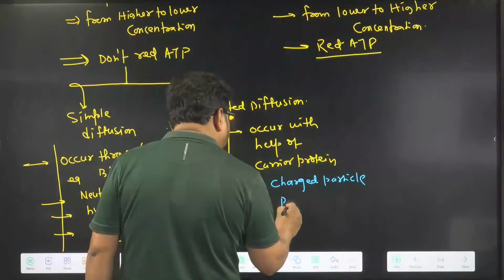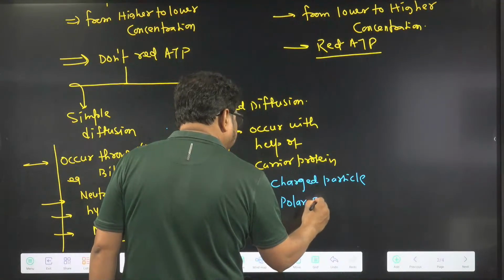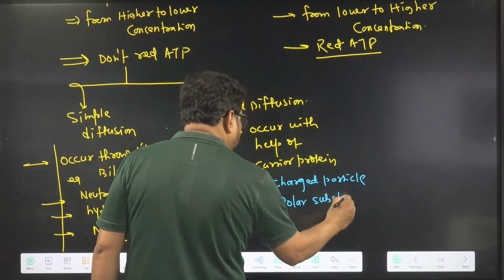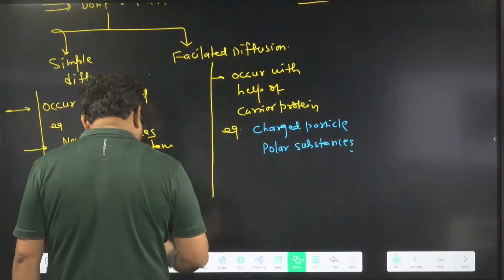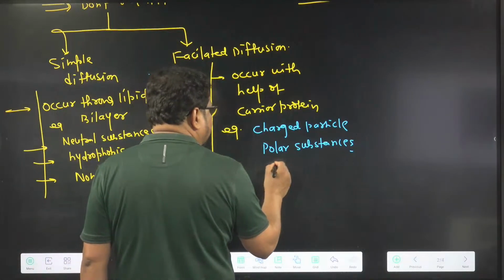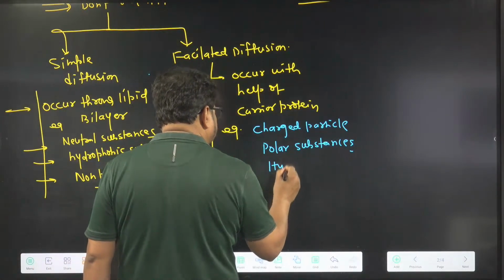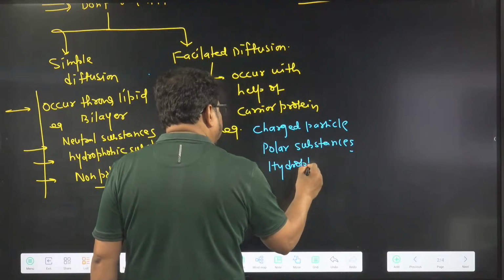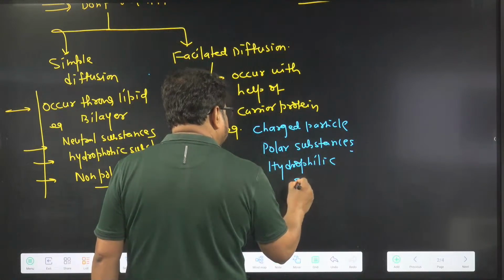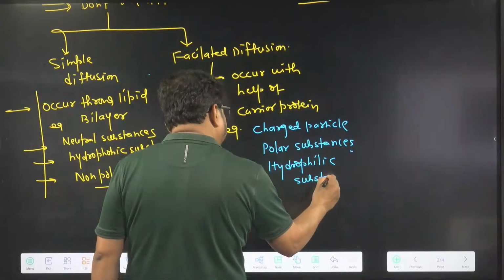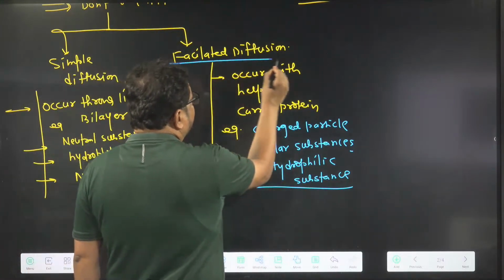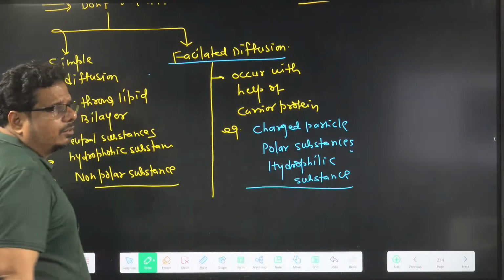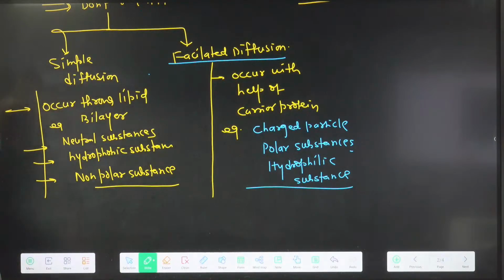So they take the help of carrier protein or transmembrane protein. Another thing you can say is hydrophilic substances. They are transported across the membrane by facilitated diffusion from higher concentration to lower concentration.